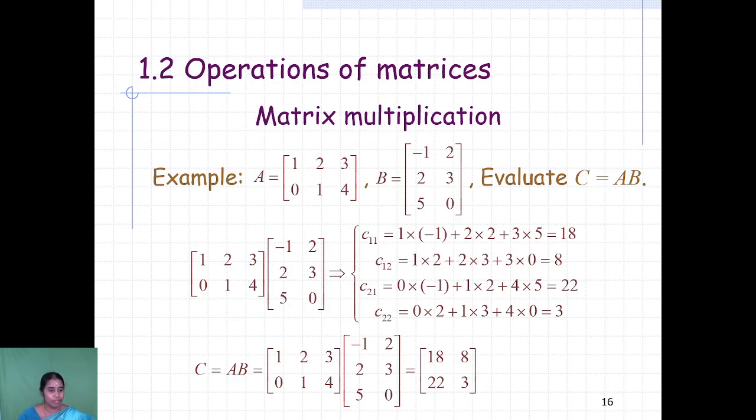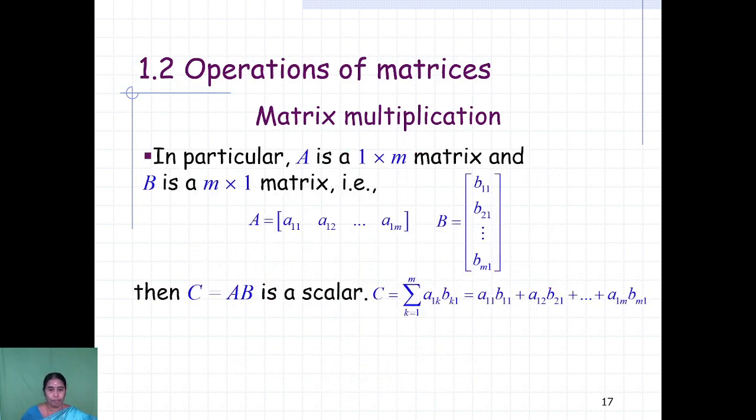C12 is the product of the first row and the second column. C21 is the product of the second row and the first column. C22 is the product of the second row and the second column. Thus, we obtained C as AB is equal to 18, 8, 22 and 3.